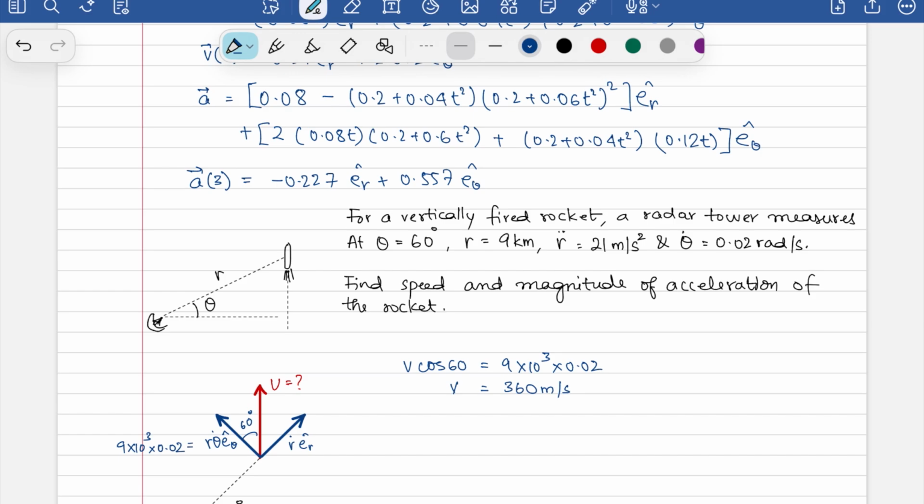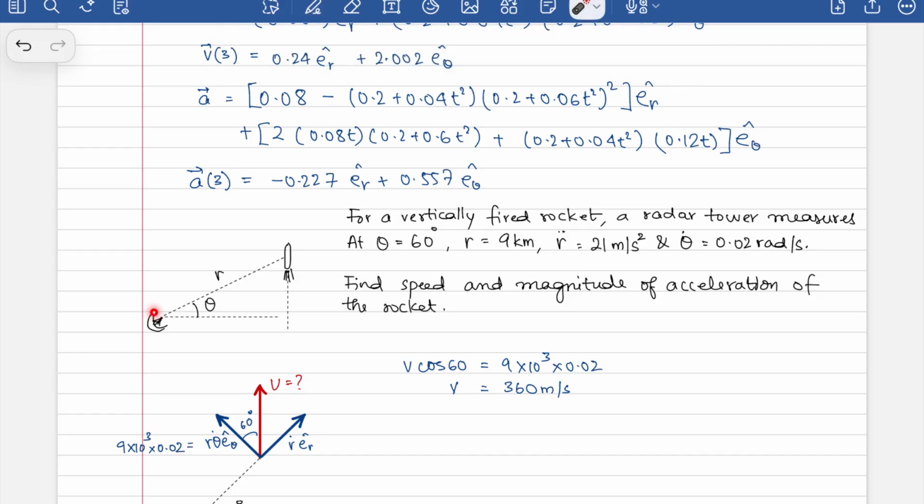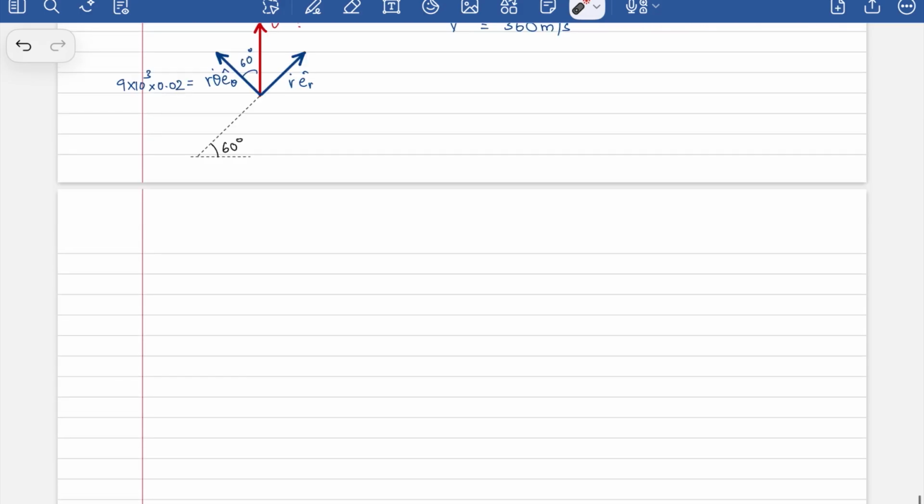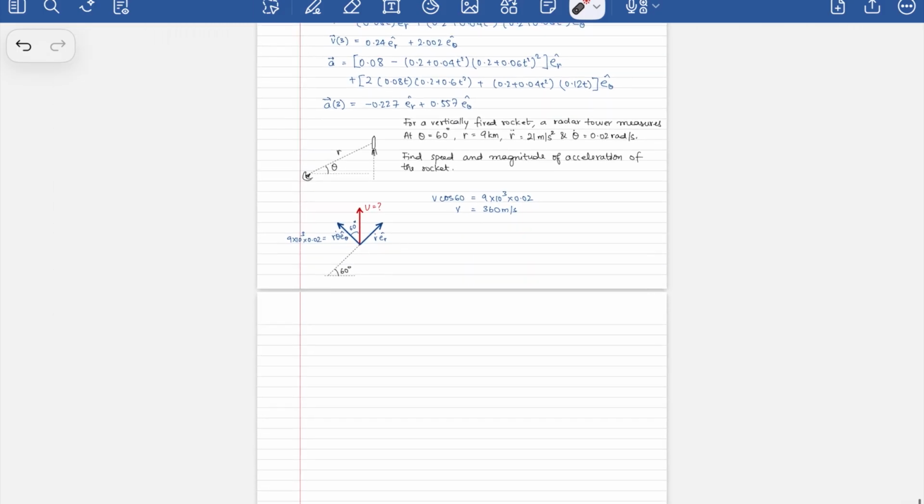So in this way, by making use of our radar system, you're able to calculate the speed of this rocket. Let's try that again for acceleration. It's the exact same idea.